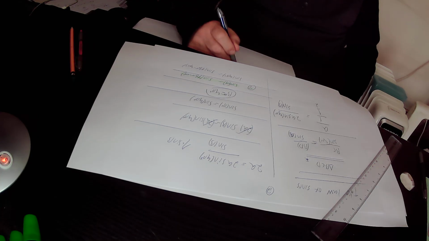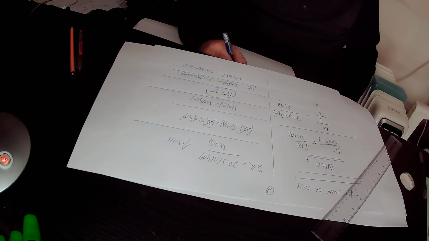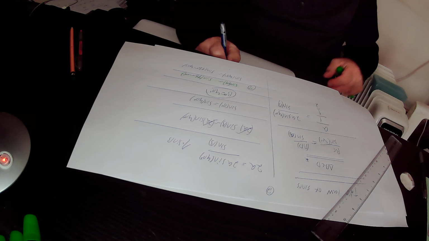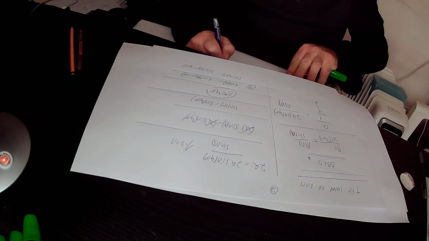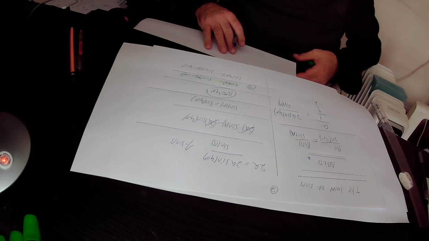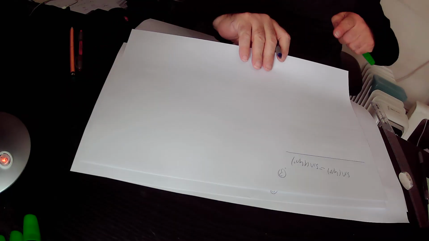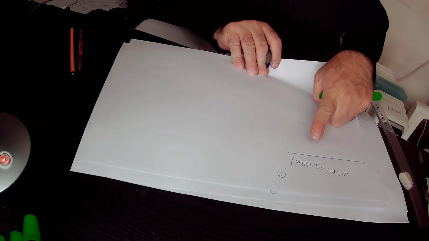So we find out that sinus 40 degrees equals sinus 140 degrees.